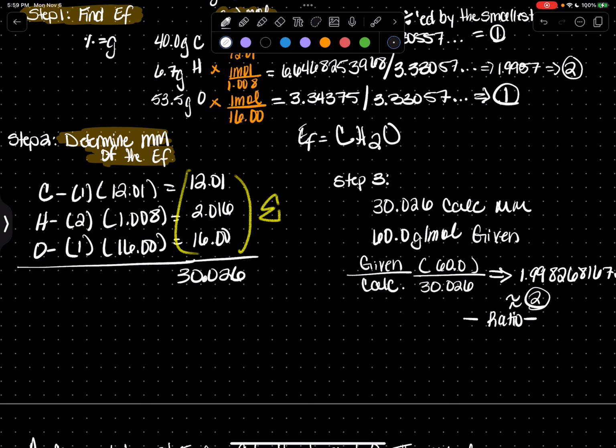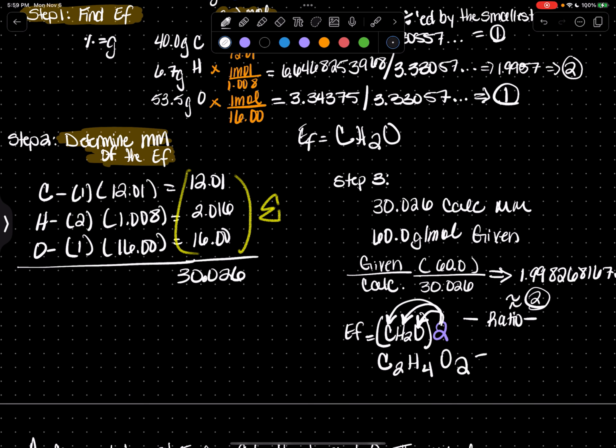So I'm going to drag down that empirical formula here. CH2O. I found my multiple of 2, so I'm going to multiply everything by 2. So that will go to that carbon, to that hydrogen right there, and to that oxygen right there, leaving me with C2H4O2.